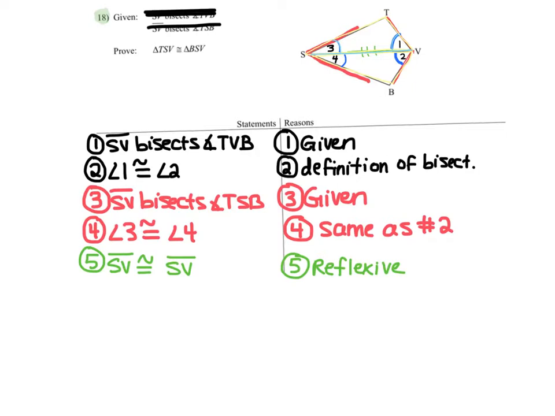TSV is that top triangle, congruent to BSV, the bottom triangle, by angle, side, angle. And again, I've already proved angle, angle, and then a side. And obviously the side is in between the two angles, which is why it's going to be angle, side, angle in that order. So let's finish out this proof.